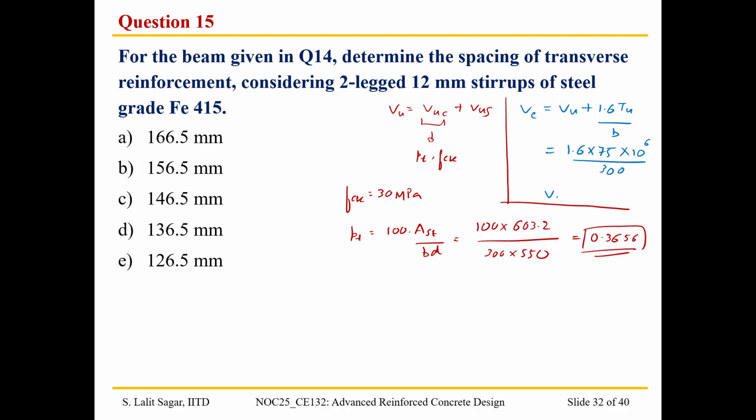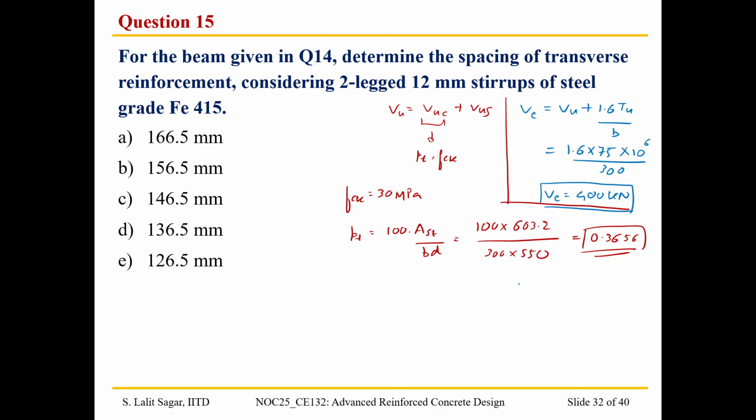So the value of Ve is 400 kilonewton. For this particular question, when a torque of 75 kilonewton meter is applied, the corresponding design shear force is 400 kilonewton. Please note that.